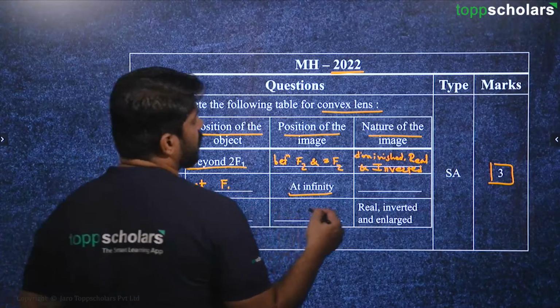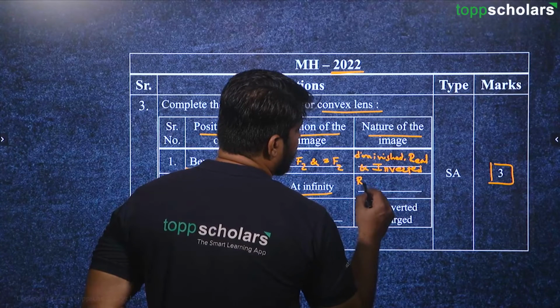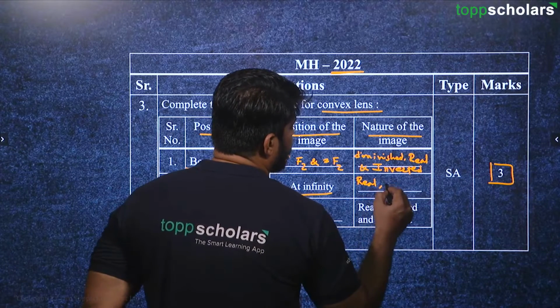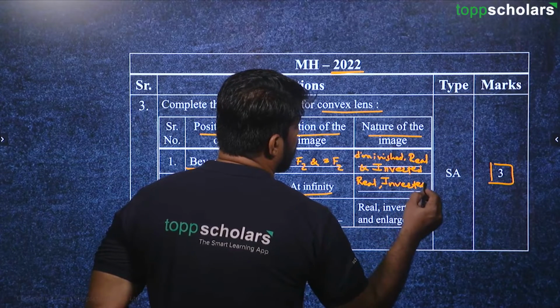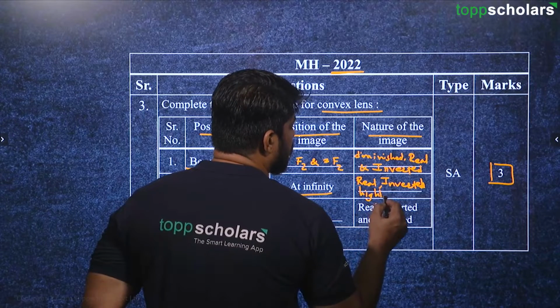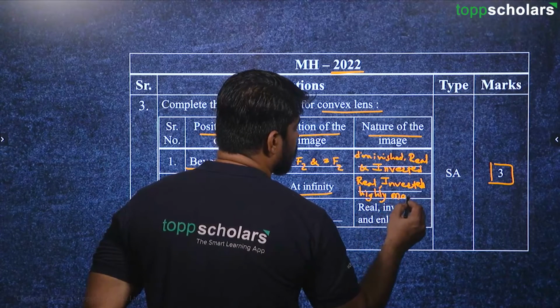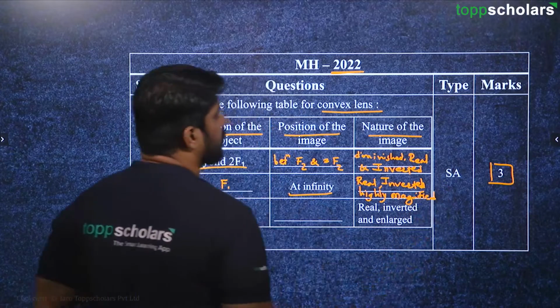And what is the nature? Nature is the image is basically real, it is inverted, okay, and it is highly magnified. Okay, so this is going to be the characteristics.